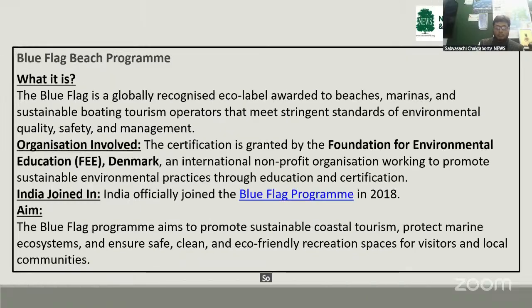So now we come to another initiative which the center has started. What is it? It's the Blue Flag beach program. A Blue Flag is a globally recognized eco-label awarded to beaches, marine regions, and sustainable boating tourism operators that meet certain standards of environmental quality, safety, and management.